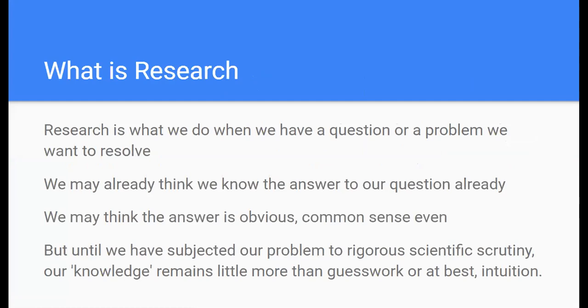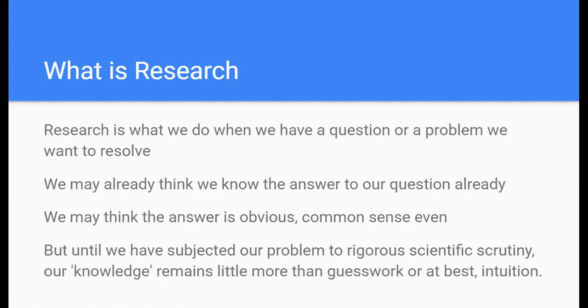And then what do we do when we have a question or problem we want to resolve? We have this problem. So let's think of a problem now. Which problem do you think we want to solve? Let's think of one. Let's do one random problem.